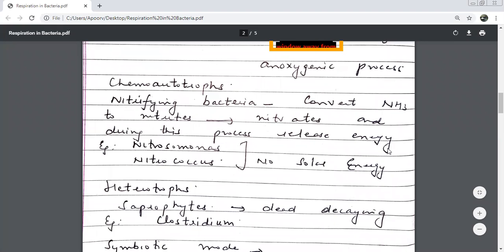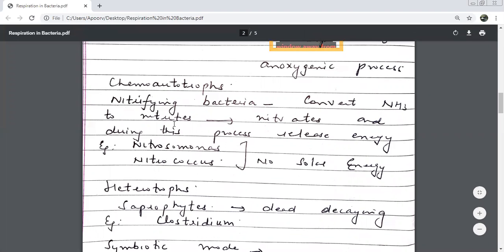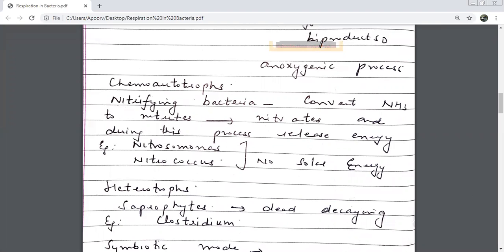So they do not need any solar energy for preparing their food. They take their energy from a chemical. The main input chemical was ammonia. Ammonia becomes nitrites, nitrites become nitrates, and in this conversion energy is released. Then they use this energy, not solar energy, to prepare their food. Such bacteria are called chemoautotrophic bacteria.